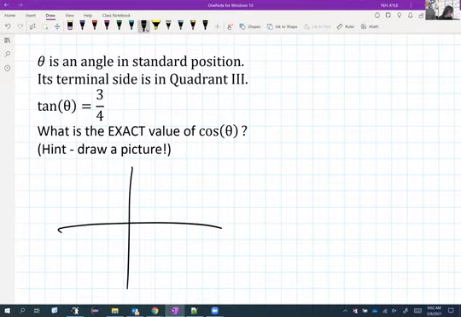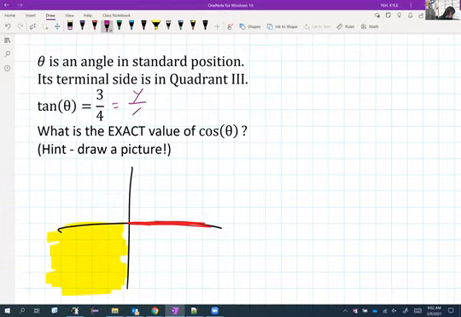Okay, theta is an angle in standard position. That means it starts right here. Its terminal side is in quadrant 3. So I know it ends up here. And I'm told that tan theta, which is y over x, is 3 over 4.